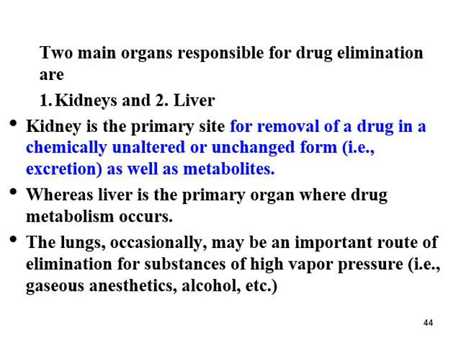Not all the drugs have that phase, as I mentioned before. And the lung occasionally may be an important route of elimination for substances of high vapor pressure, which can go through the lung as gas. But the main organs are the liver and kidney. The kidney is the primary site for removal of unchanged form, and the liver is for metabolism purposes.